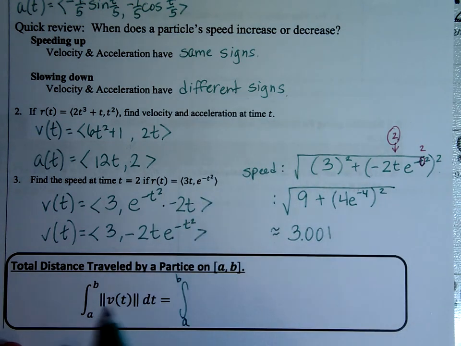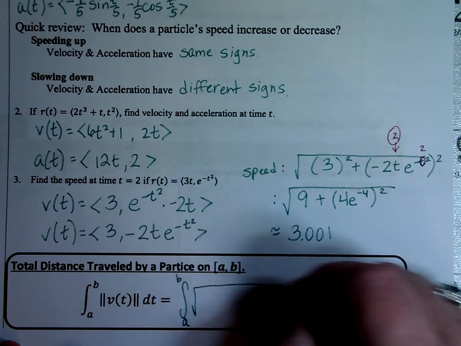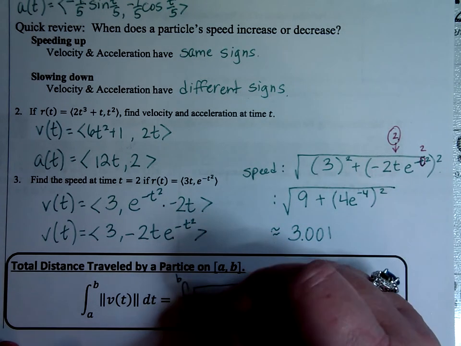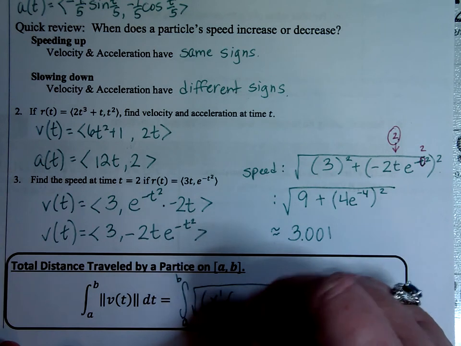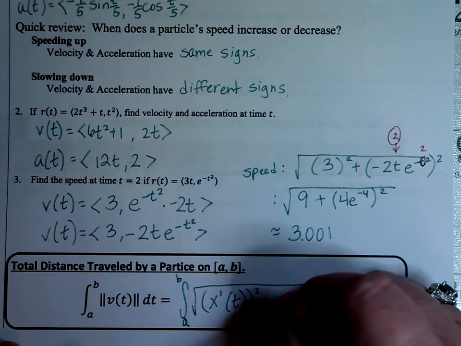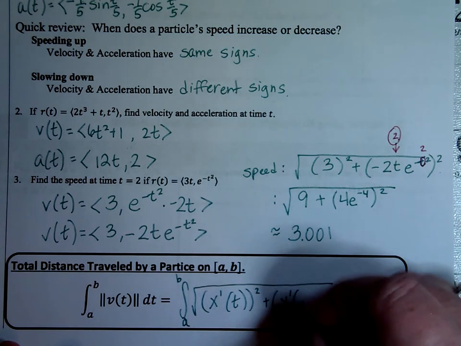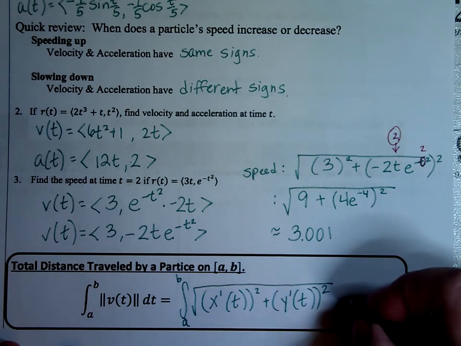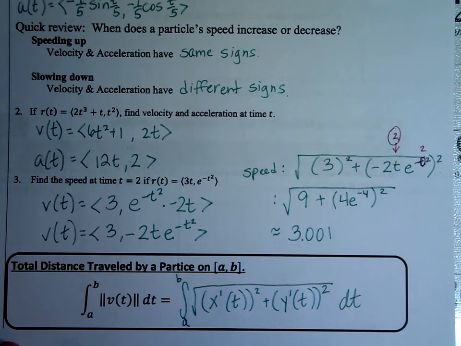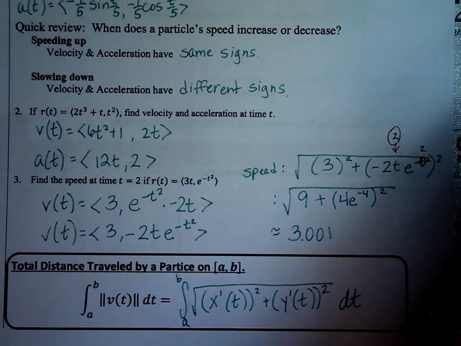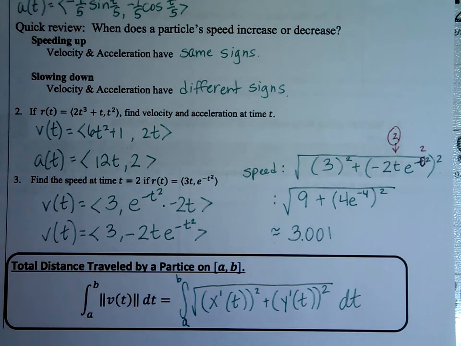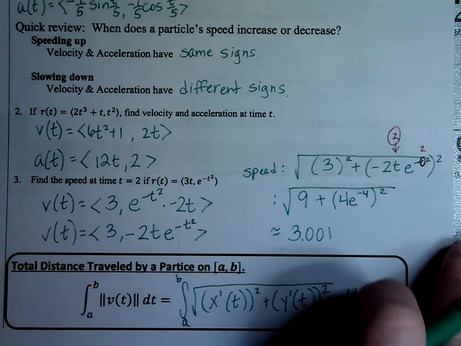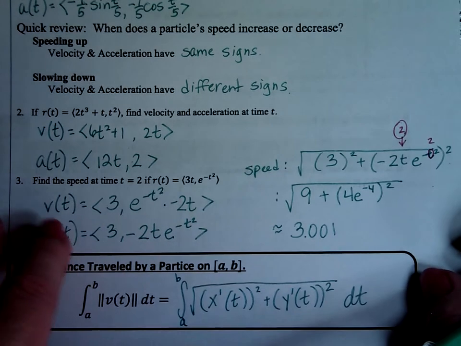This is the same thing as speed, right? Speed is the square root of x prime of t squared plus y prime of t squared. Now I need the dt, with respect to t. And so that's the total distance traveled by a particle. If we flip the page, we're going to try two more examples.